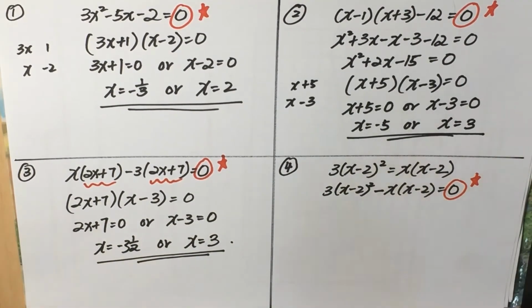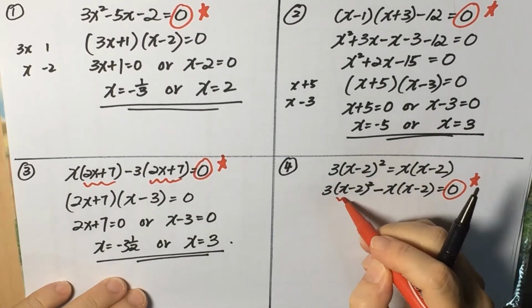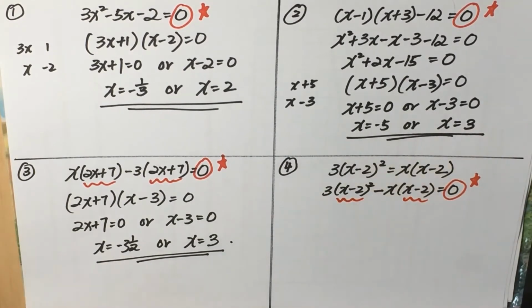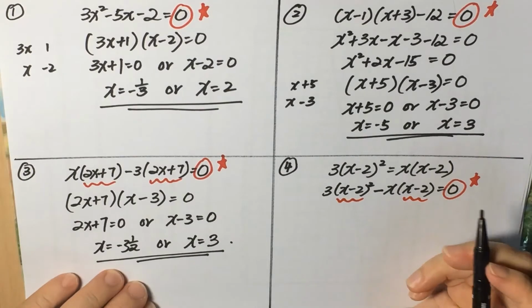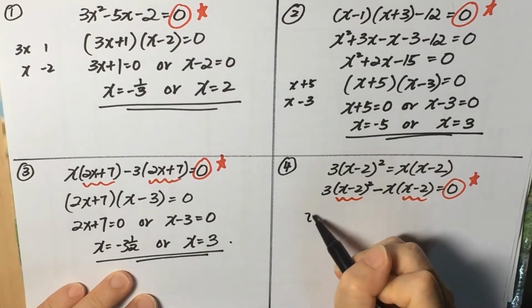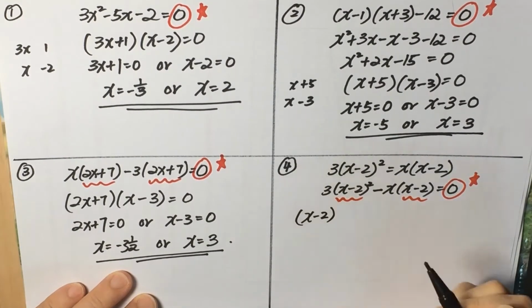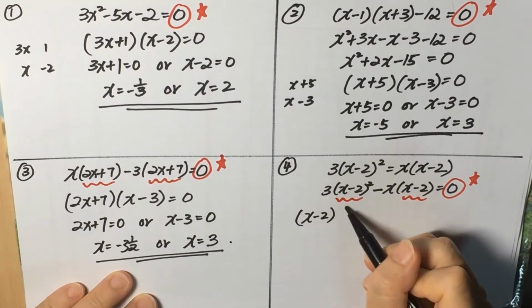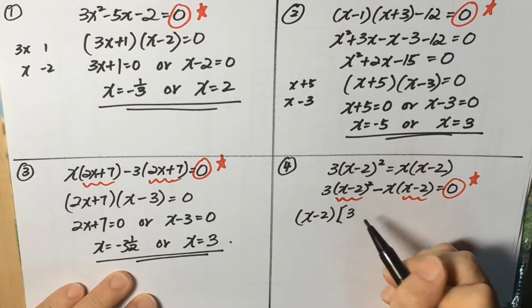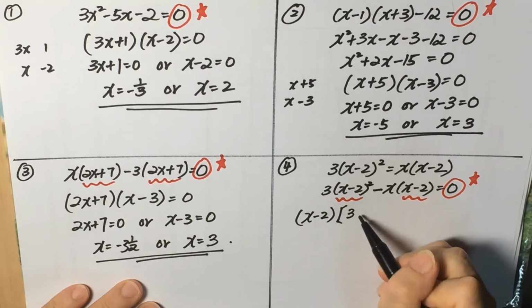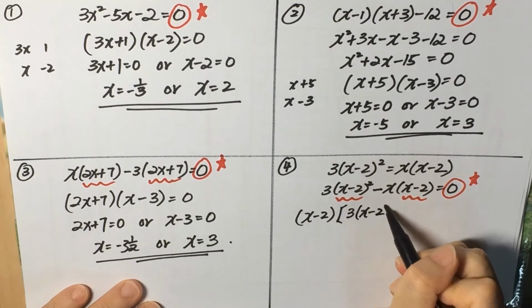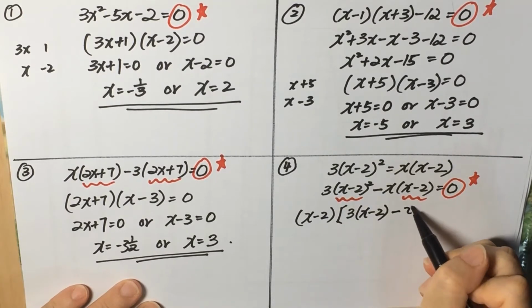Okay, same thing over here. I can see that this term and this term are the same. So I'm going to bring the common factor out. When I bring the common factor out, I have x minus 2 as a common factor. So this first term will become 3 times x minus 2 and then minus x.